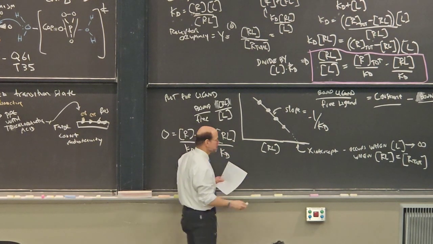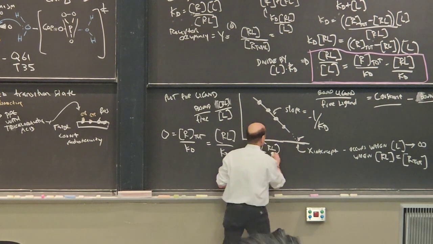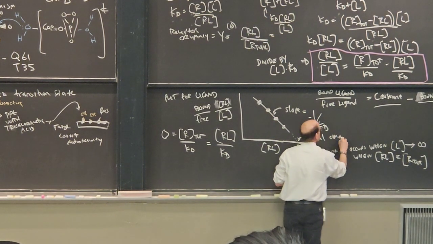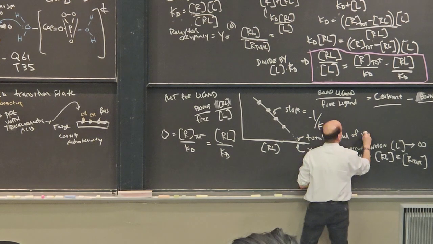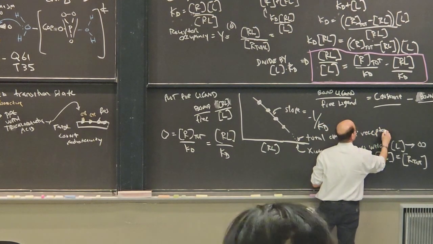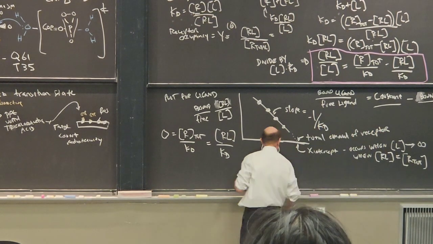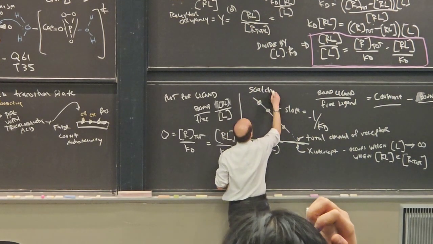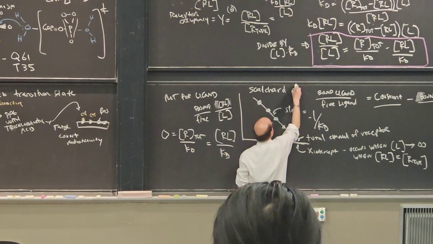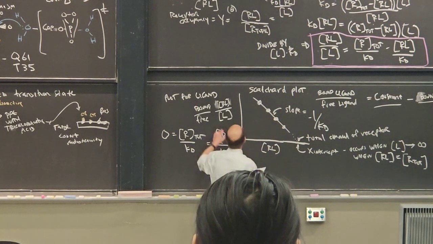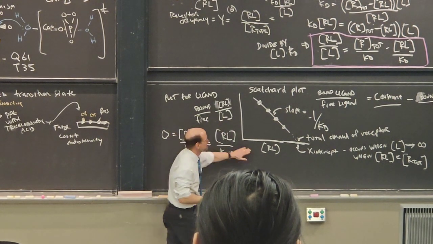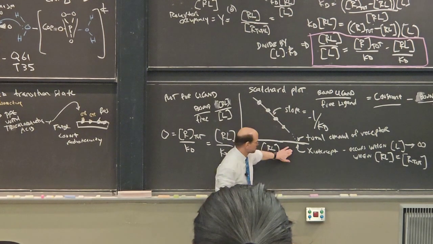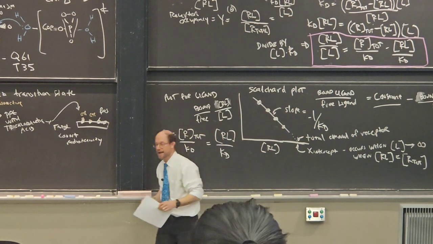And so this point tells me the total amount of receptors. So from this one curve, which is called a Scatchard plot, where I'm plotting bound over free ligand versus bound ligand, the slope tells me the Kd, and the intercept tells me the total amount of receptors.